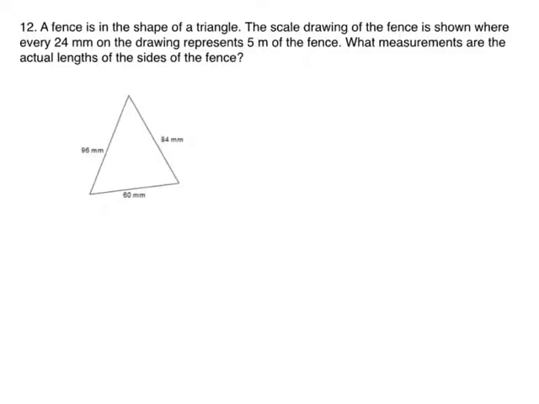Next problem. Okay, a fence is in the shape of a triangle. The scale drawing of the fence is shown where every 24 millimeters on the drawing represents 5 meters of the fence. What are the actual lengths of the sides of the fence? So we know with scale drawings, we're going to put the model or drawing or photo over actual.